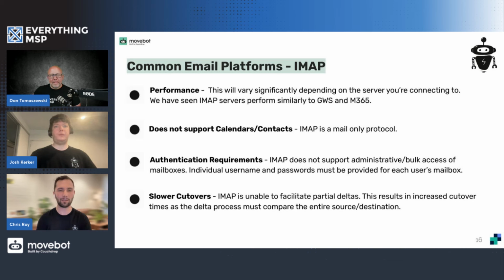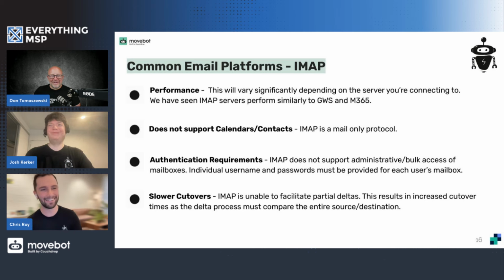With MoveBot specifically, we do support the ability for you to import a big CSV that highlights all of your source users and their passwords, and the relative destination as well. So you can import all of those credentials and mappings in one big CSV, and it'll get everything up and running in a quick flash. But that doesn't help with retrieving the passwords, unfortunately.